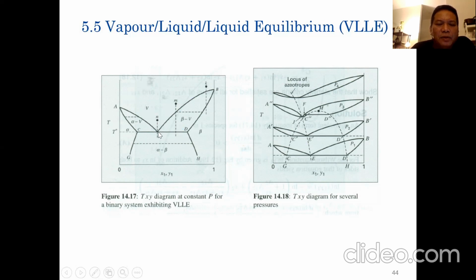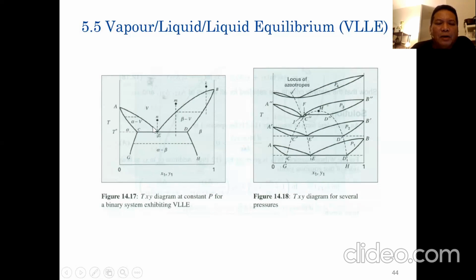At the bottom here, this is a single liquid, all rich in alpha, species 2, and then species 1. And down here is a mixture of liquid equilibriums.